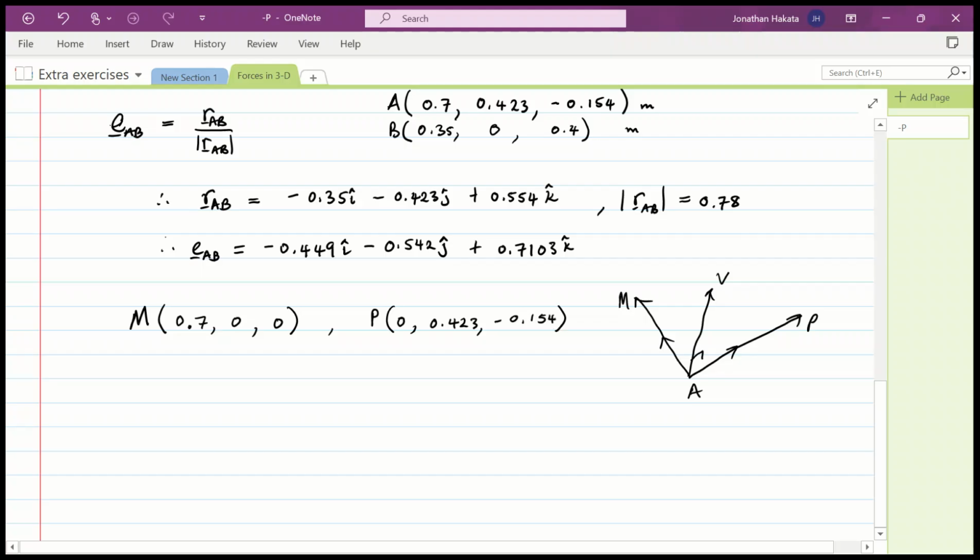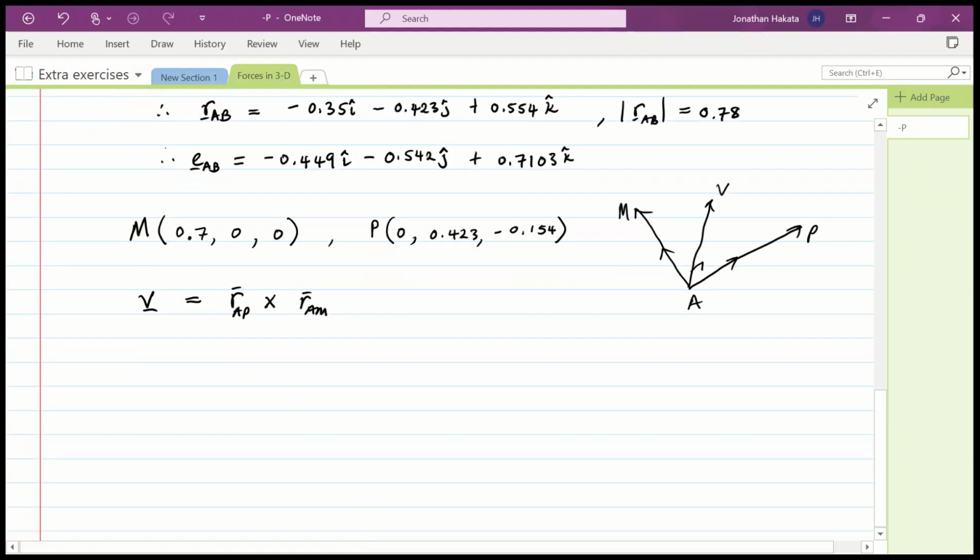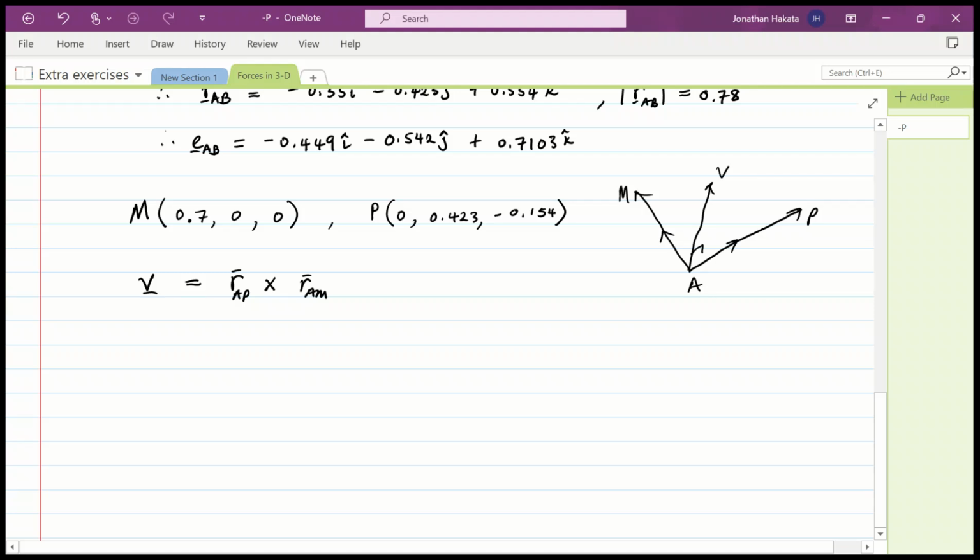Perfect. Now with these we can tell the vector V, according to my small sketch here, is equal to RAP crossed to RAM. If you have two vectors in 3D, to find the cross product it's effective to use the determinant form.